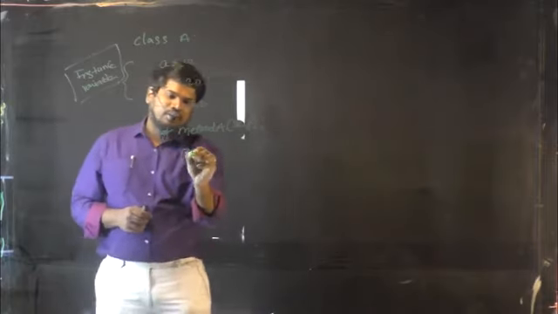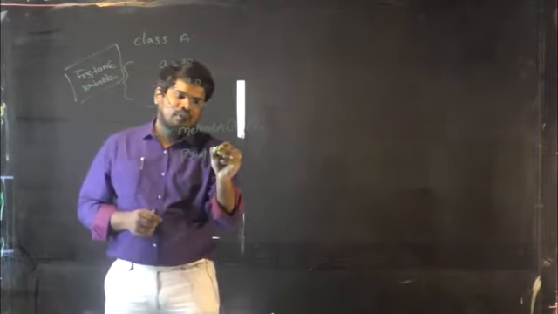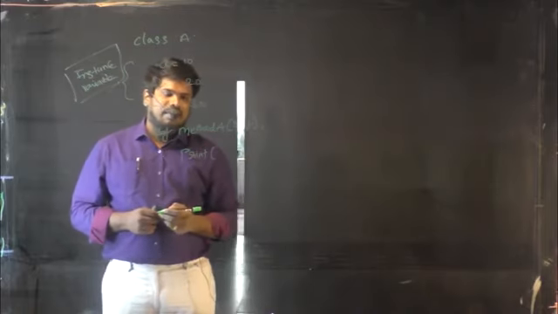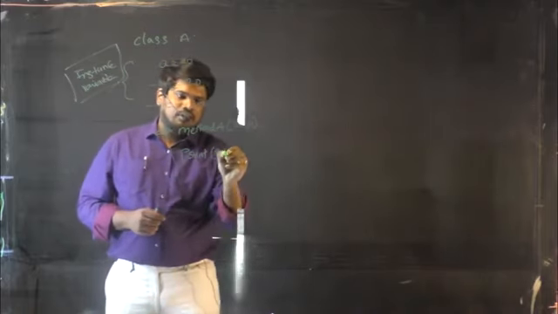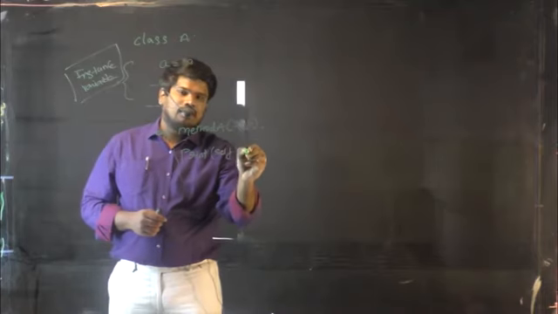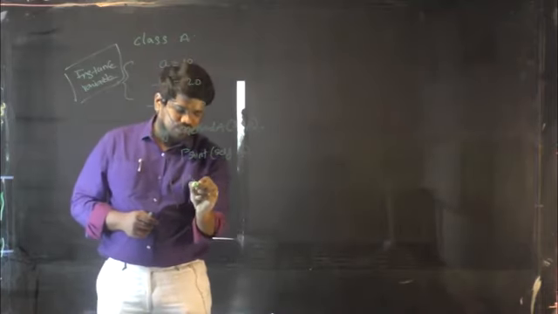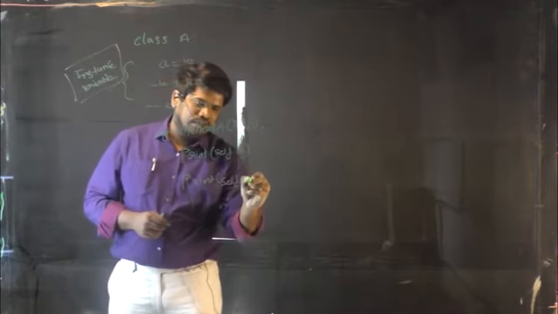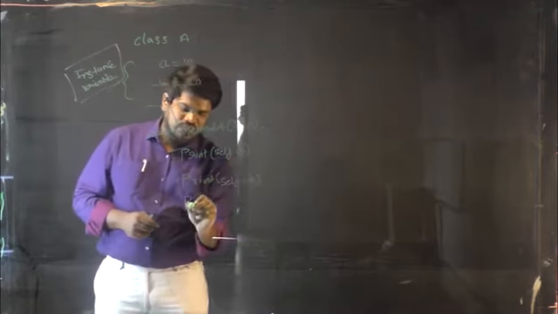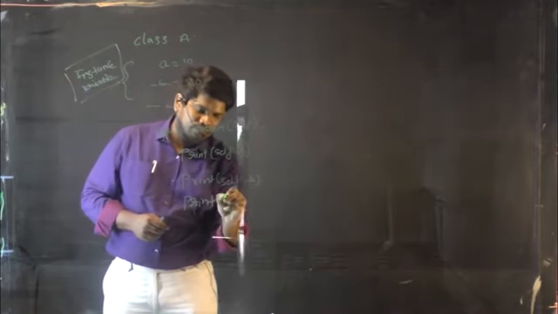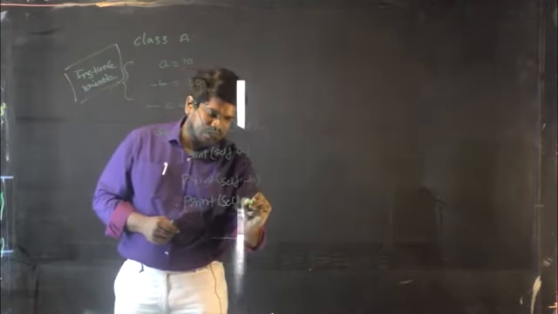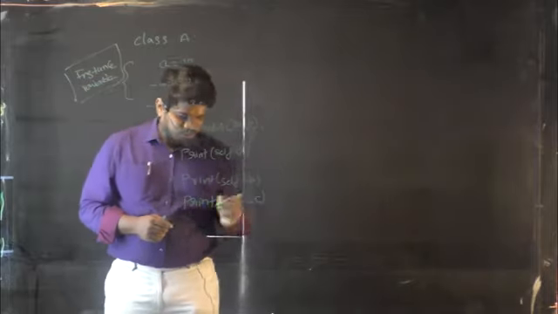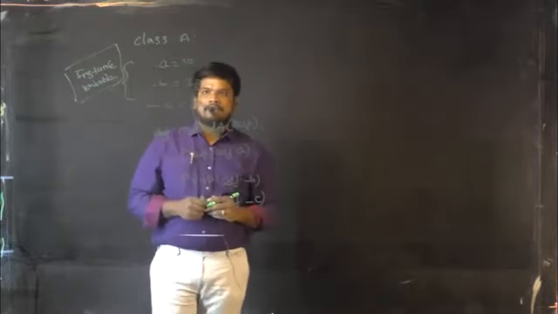I want to print the value of self dot A, print of self dot underscore B, and print of self dot underscore C. So these are the three things I am taking.